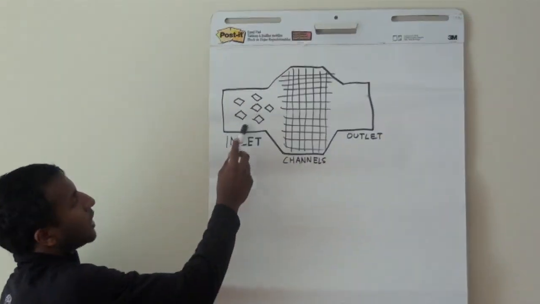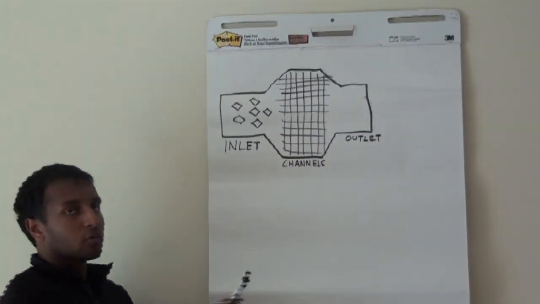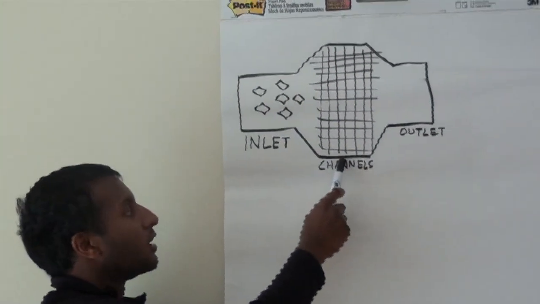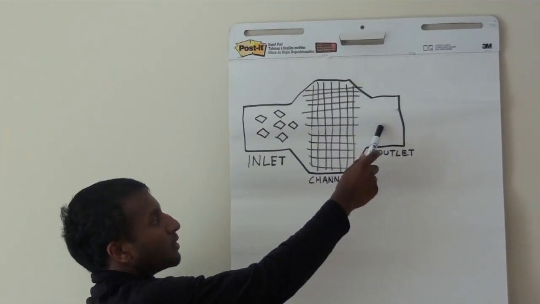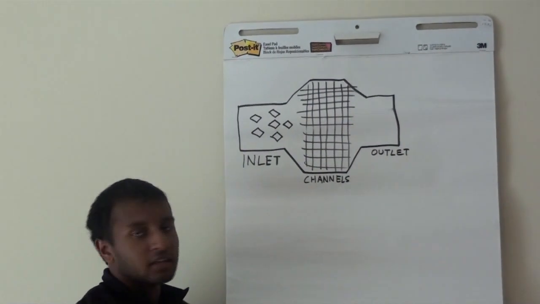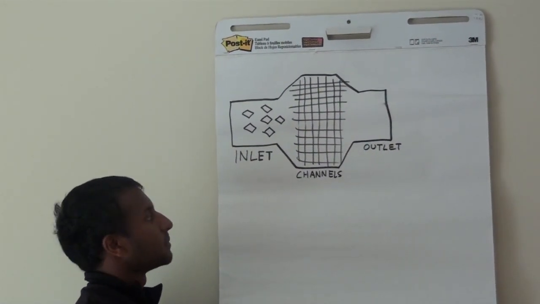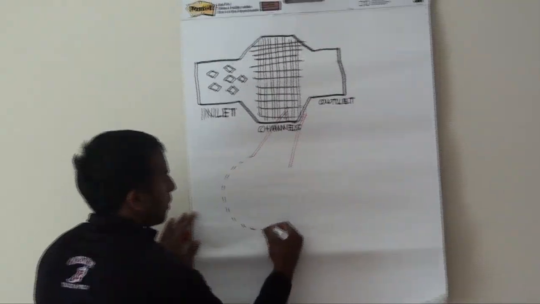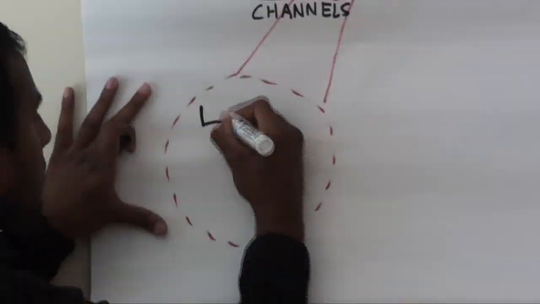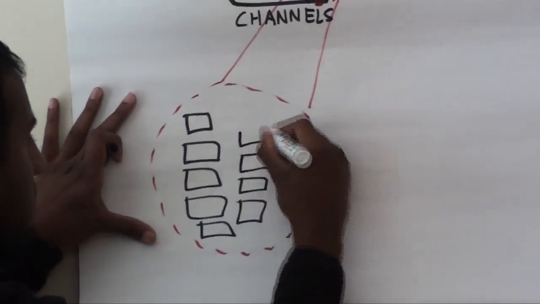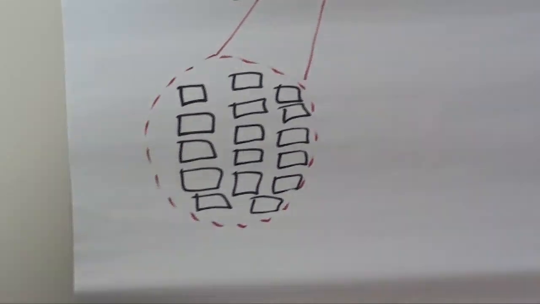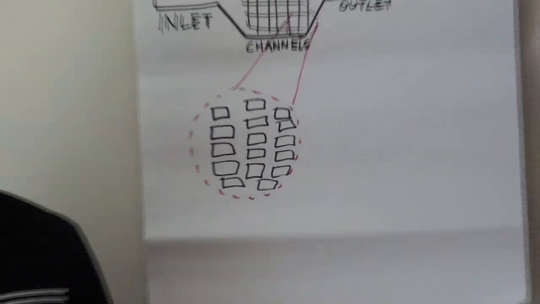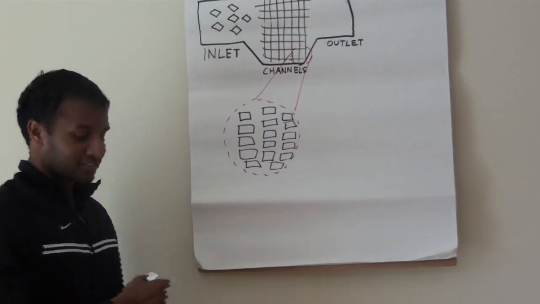This is where the droplets come in, then they flow through the channels, some of them getting caught, and eventually they make it to the outlet where they can be collected. Here's a close-up of the channel setup, and a closer close-up of the channels.